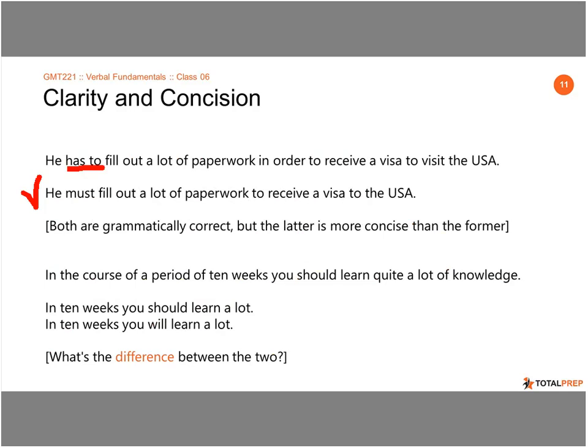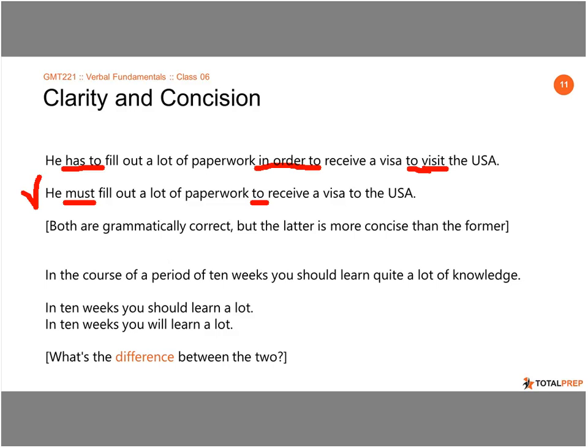Even though has to and must practically have the same meaning, must is more aggressive and insistent. It has this concept of obligation. So: he has to fill out a lot of paperwork in order to receive a visa to visit the USA.